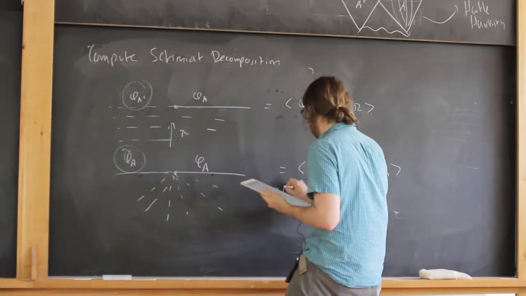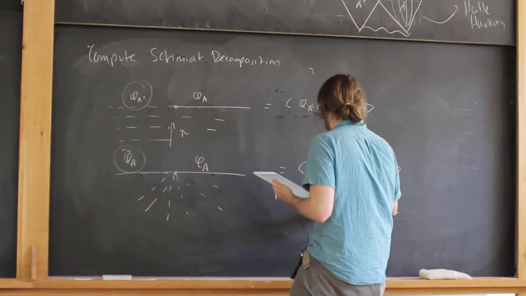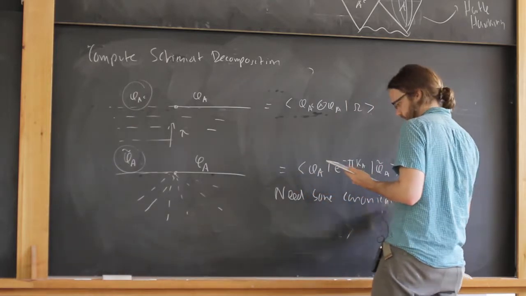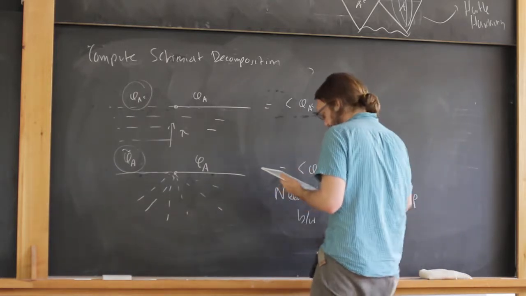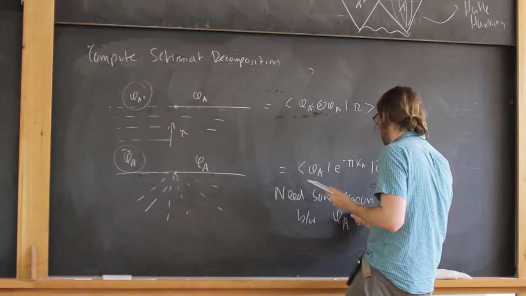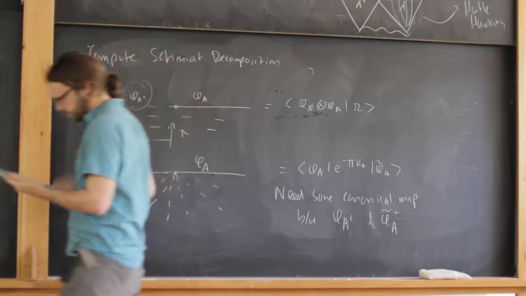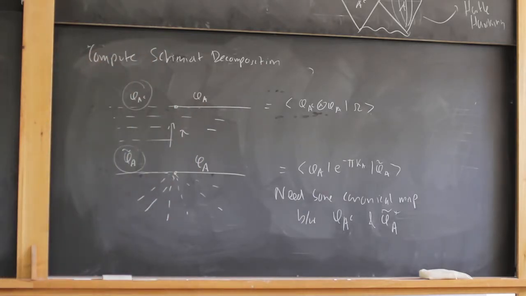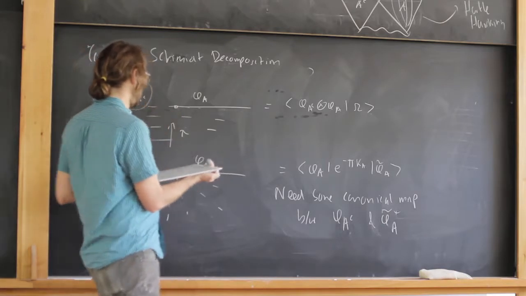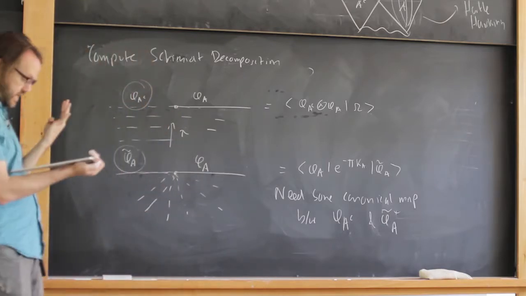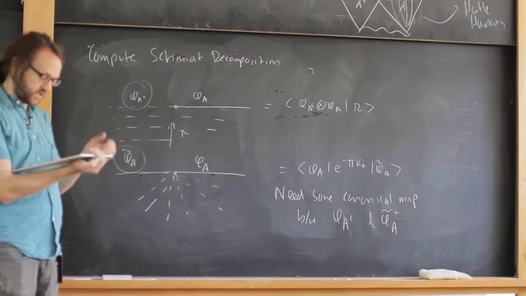So what we need is some way to map between these two. We need some canonical map between the two configurations, phi a complement and this phi a twiddle. And in this local case, there's always a geometric way to do that. There's an anti-unitary symmetry, always in quantum field theory, which is the CPT operation.